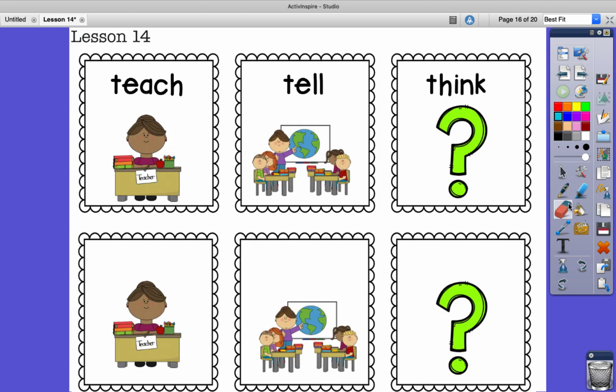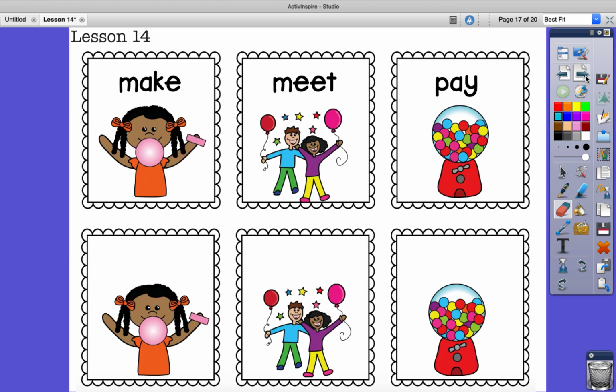Some more examples. Again, this is the present tense, what is happening now. Teach changes to taught. Tell changes to told. Think will change to thought. Okay, a few more examples.